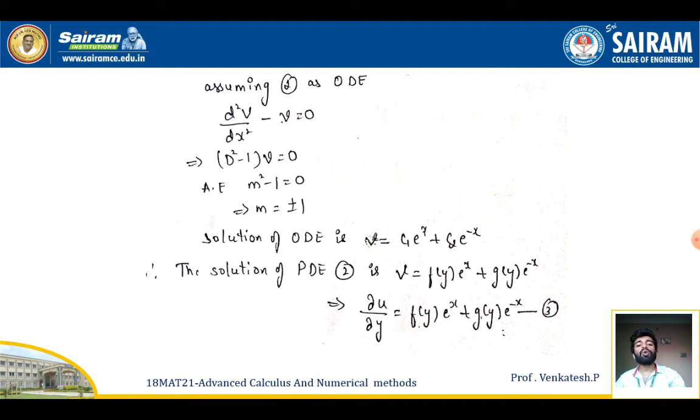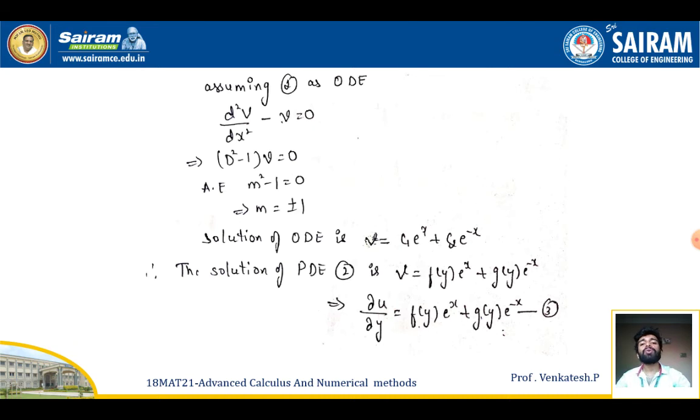So I will get ∂u/∂y = f(y) e^x + g(y) e^(−x). Call it equation number 3. Actually we have to find the solution for u. So now I'm going to integrate this equation with respect to y to get the value of u.